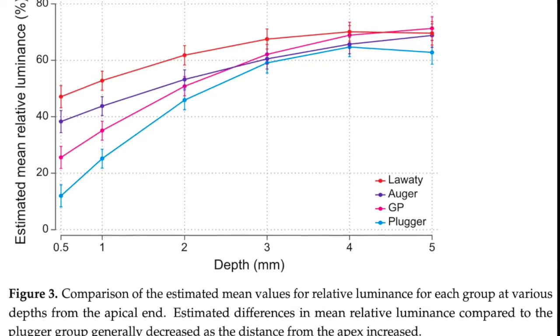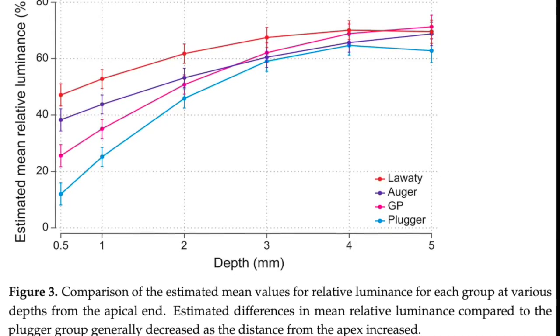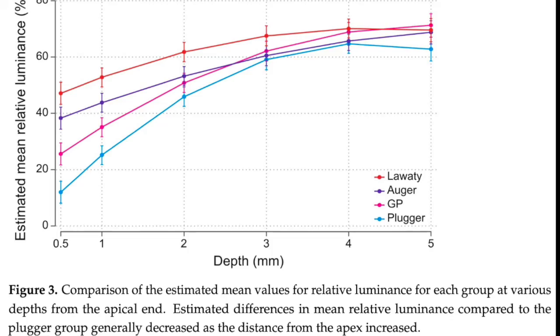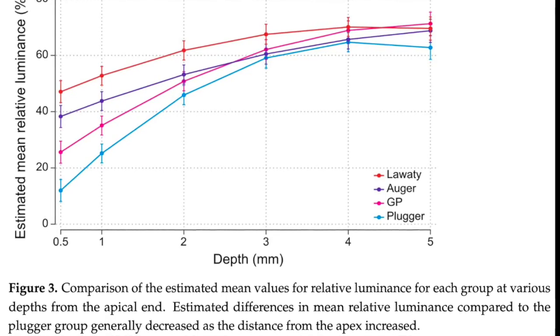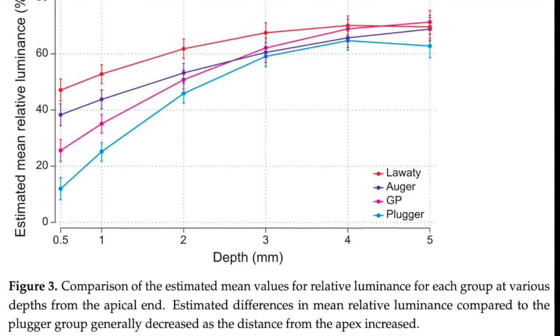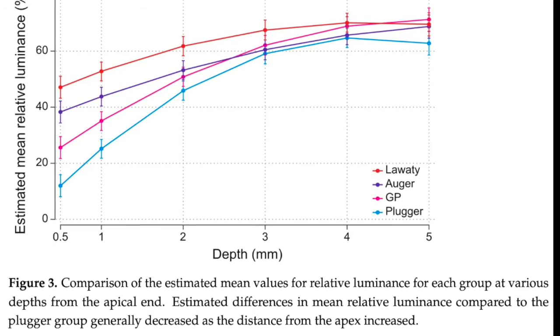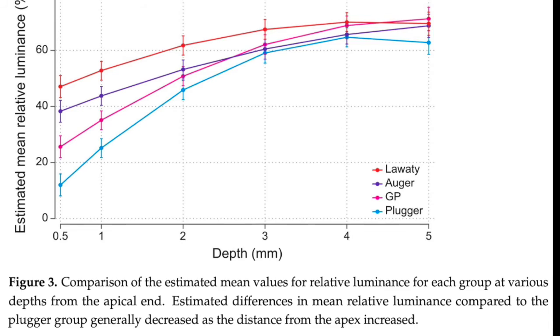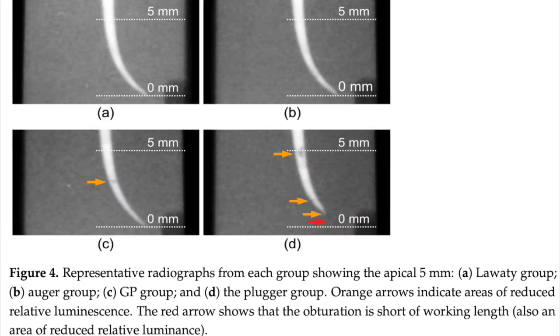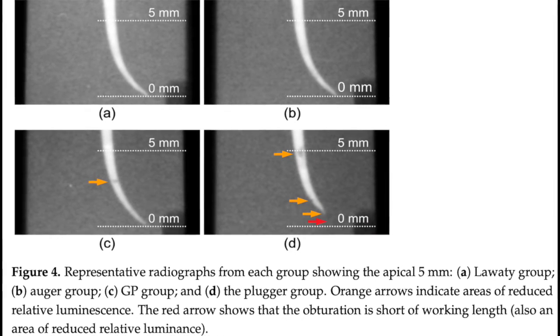For the results, there was no significant difference between the groups in mass. The Lawaty technique had the highest opacity among the groups in the apical 3 to 4 millimeters, followed by the Auger technique. The modified GB technique comes next, and last is the plugger technique.